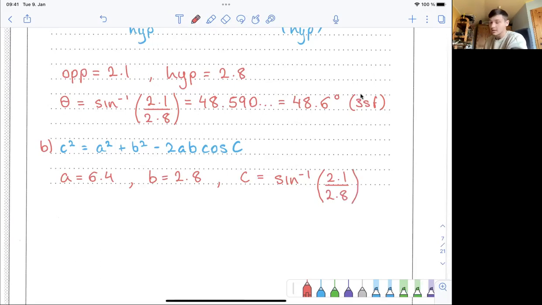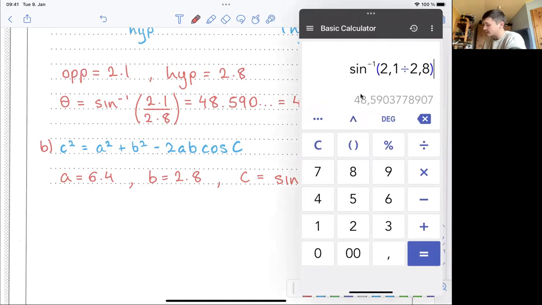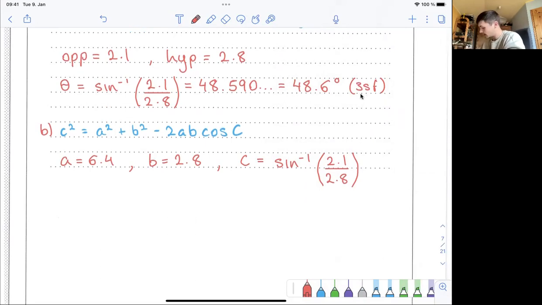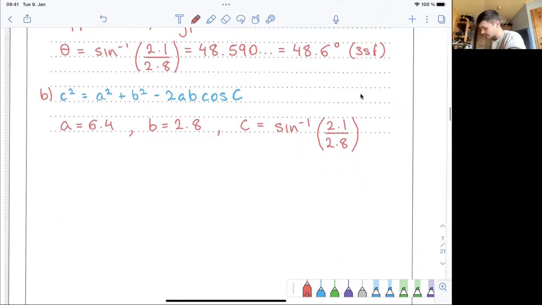When I use this, it's going to give me the full answer of 48.59 and so on. It will save me from potentially making a mistake where I round too early or use rounded answers in my working for a next question. Very easy mistake to make.